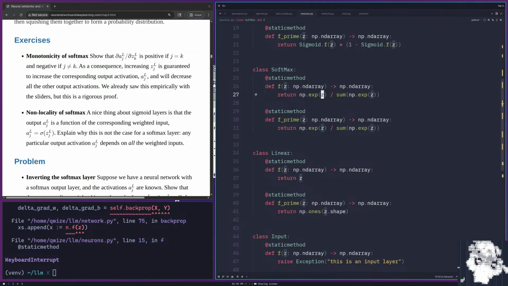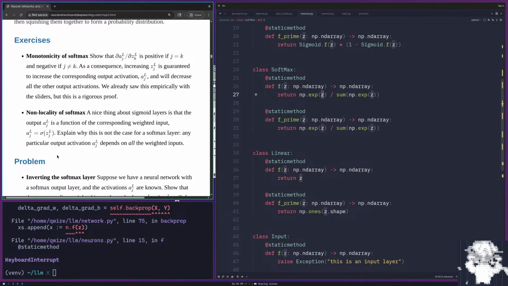So it increases the numerator and the denominator by the same amount, but the denominator is already bigger than the numerator, so you're proportionally increasing the numerator more. Okay, that's rigorous enough for me.